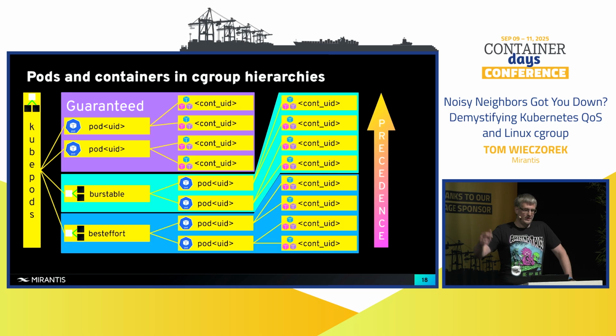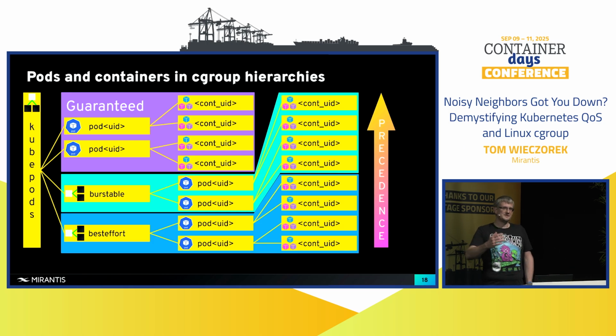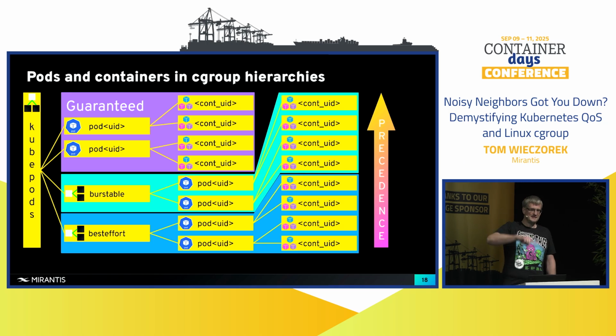Also noteworthy is that the guaranteed pods themselves don't have a cgroup in front of them, so they are directly attached to the root kubepods cgroup, which means they are directly competing on the same level with the burstable and best effort cgroups. This is important because resources are distributed amongst siblings.